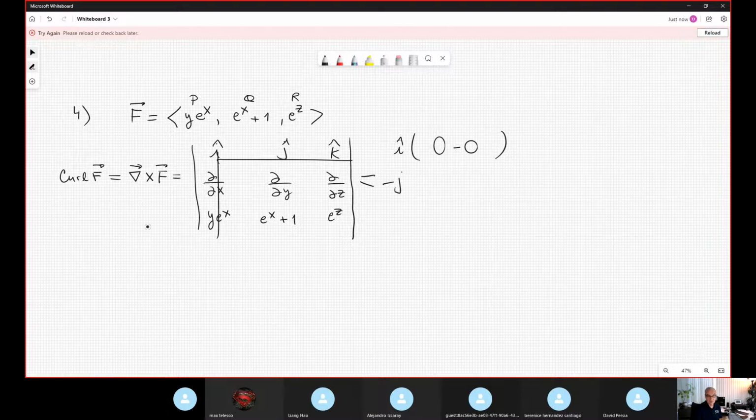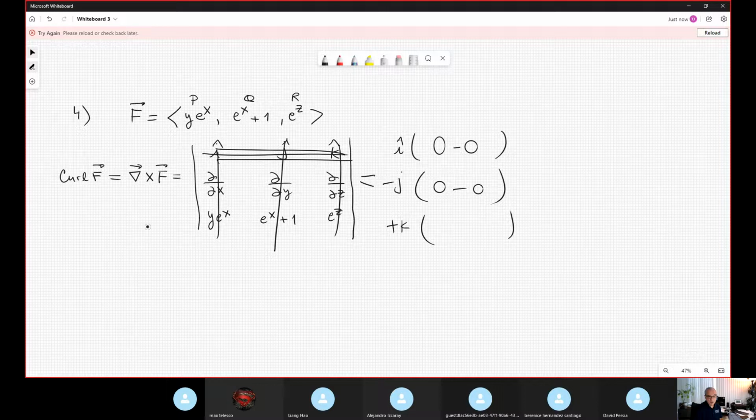Minus j, two parentheses, you delete mentally this and this, and you differentiate this and this. Partial derivative with respect to x is 0 again. Partial derivative with respect to z is 0 again because it does not depend on z. Then k, two parentheses, and you delete this and this, and you dedicate your time to doing these partial derivatives.